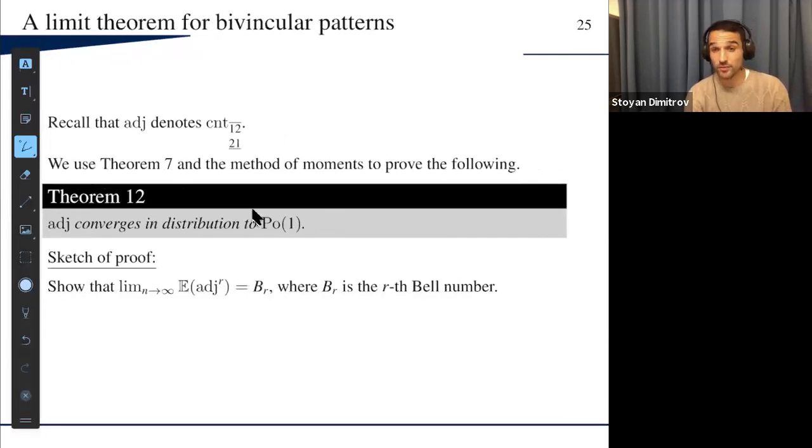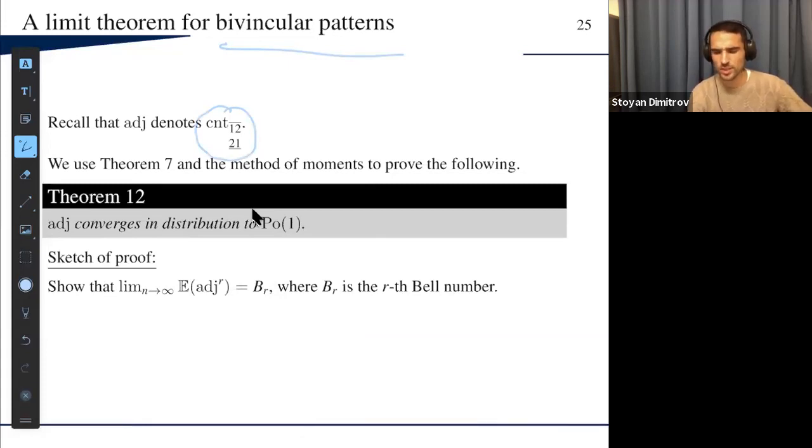And finally, for the case of bivincular patterns, we reprove the well-known result that the limiting distribution is not always normal. In particular, it's known that for the minimal descents that we already considered, the number of their occurrences converges to a variable that has Poisson distribution with mean 1.